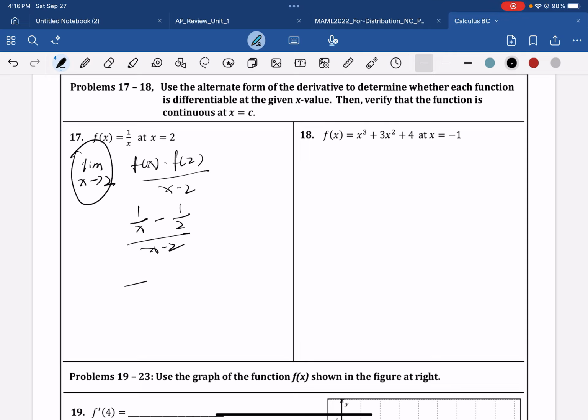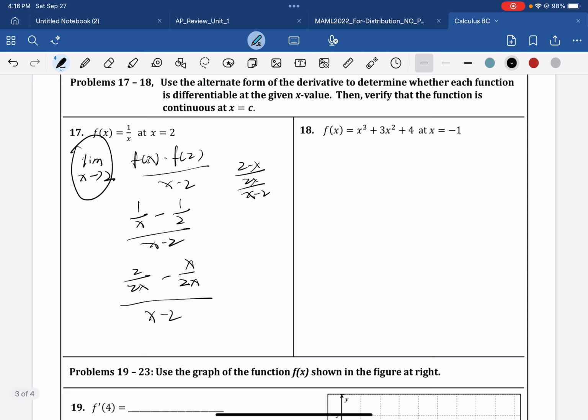Then we simplify: 2 over 2x minus x over 2x, over x minus 2. Then we get 2 minus x over 2x, over x minus 2, which is 2 minus x over 2x times 1 over x minus 2. The 2 minus x and x minus 2 cancel out to give negative 1, so we get negative 1 over 2x.